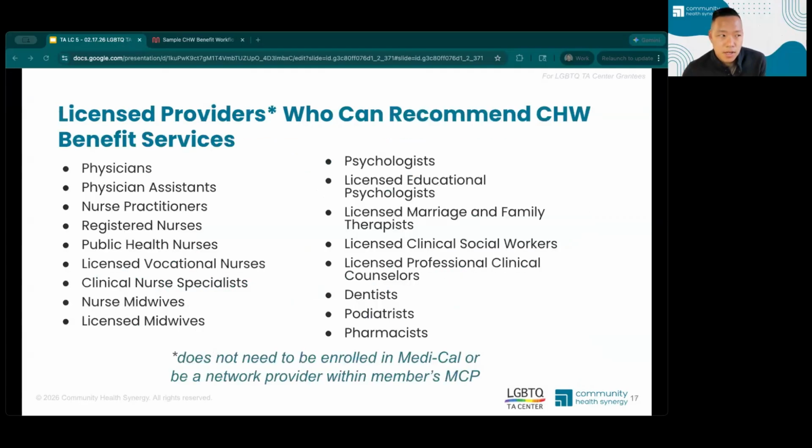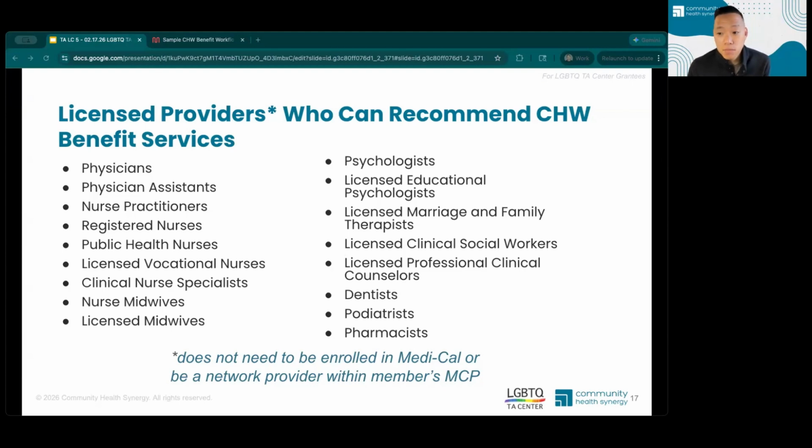We talked about the licensed providers who can recommend CHW service benefit services. They don't necessarily have to be enrolled in Medi-Cal or be a network provider within the member's managed care plan. So that's really awesome. Alex mentioned in the chat earlier that a licensed clinical supervisor could be a volunteer.